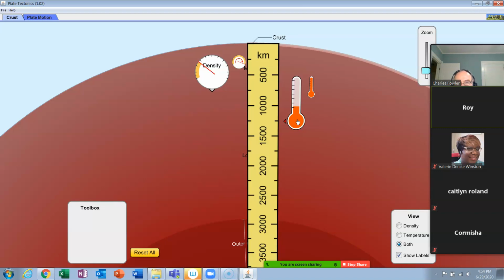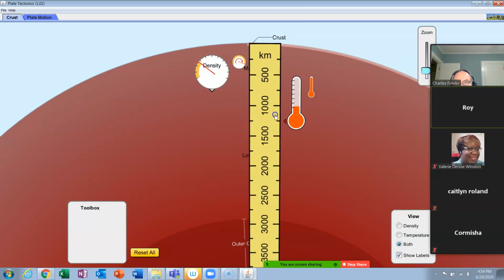Okay, our ruler's sort of blocking the division there. Okay, and yeah, you don't have to put degrees. I probably did, but yeah. Okay, we're going down. The temperature is going up, up, up, up. Now these are just relative.